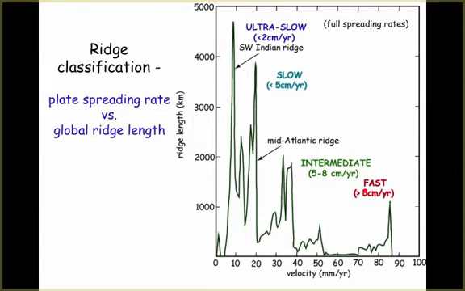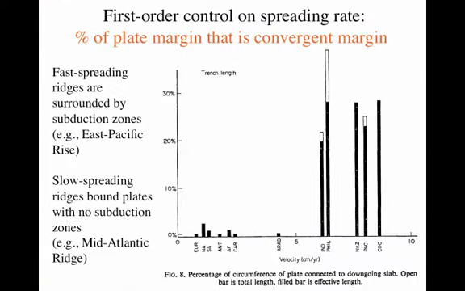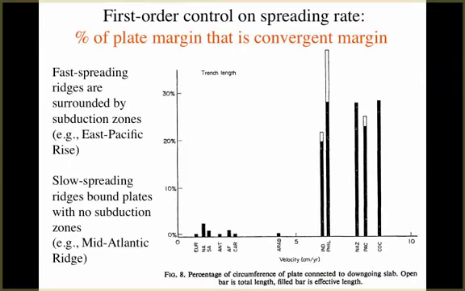And what we see is that the slow and ultra slow ridges form the longest ridge segments, and the fastest make up the shortest spreading centers. Now, it's not only the supply of magma that is driving the speed of these ridges, but there is another first order control on spreading rate, and that is the percent of the plate margin that is convergent.